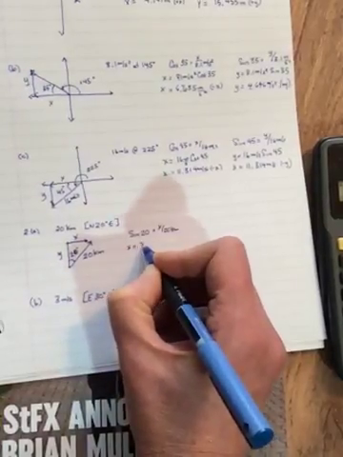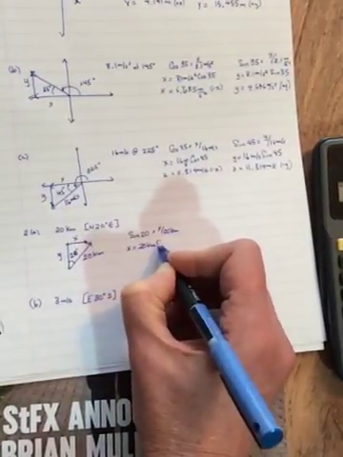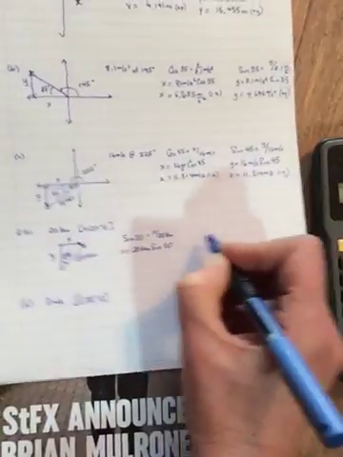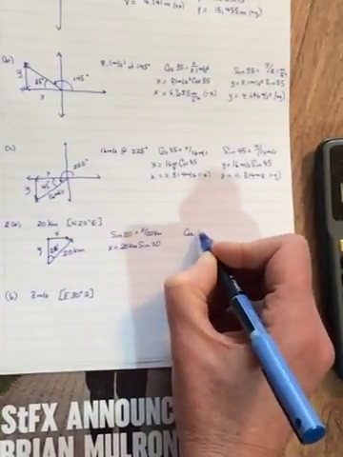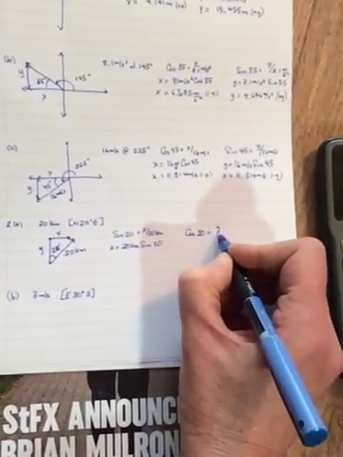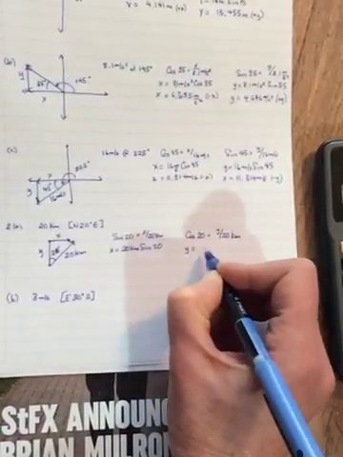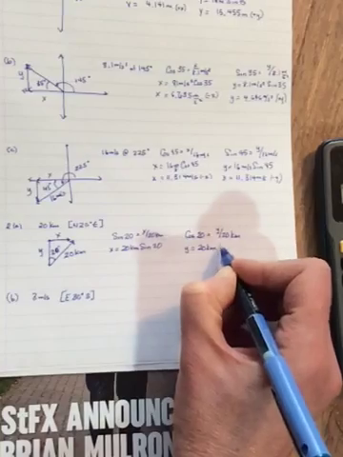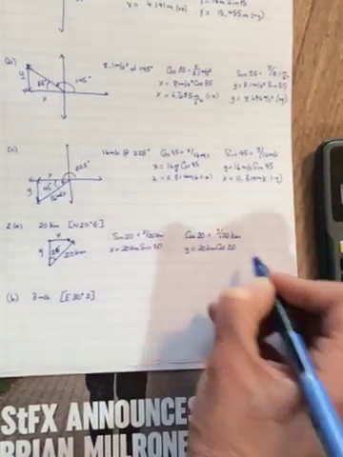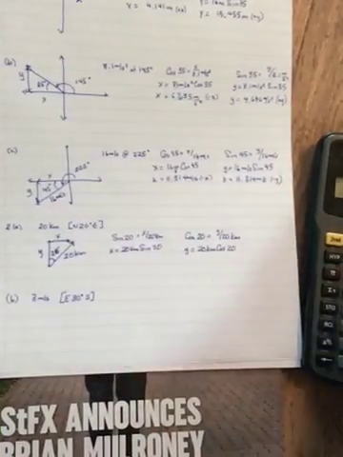So x is going to equal 20 kilometers sine of 20. And y is going to be the cosine. So cos 20 is equal to y over 20 kilometers. So y is equal to 20 kilometers cos of 20. And then do the math.